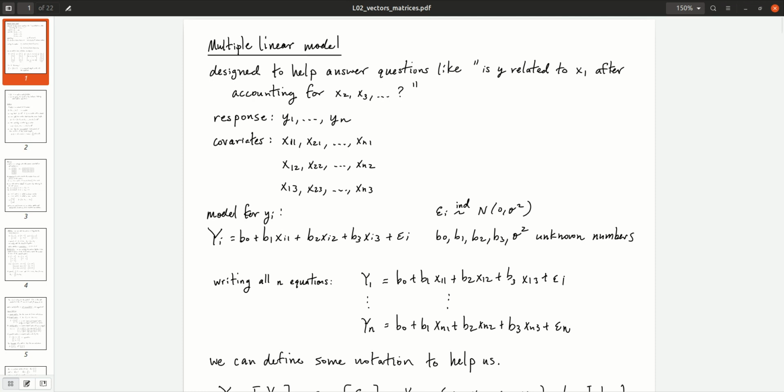Our assumptions on the epsilons is that if we take the collection epsilon 1, epsilon 2 up to epsilon n, they're independent of one another, and they all have the same normal distribution with mean 0 and variance sigma squared. Now together with the B0, B1, B2, B3, with sigma squared, this gives us a set of 5 parameters or unknown numbers that we're going to attempt to estimate when we fit the multiple linear model.